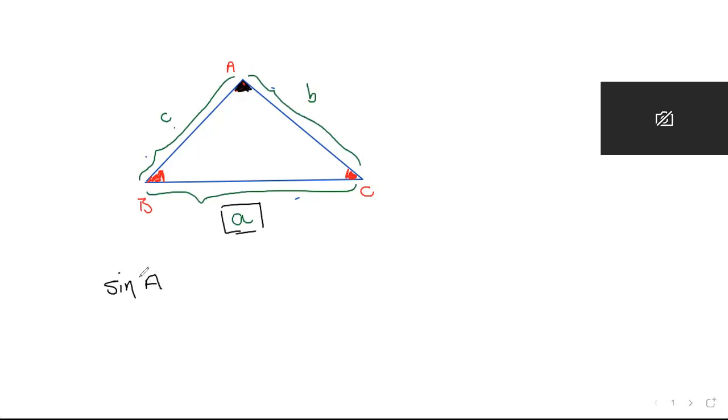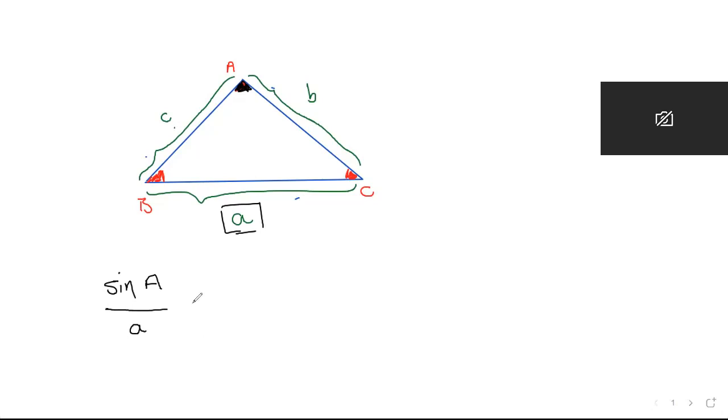If this is capital A representing the angle, the side is small a, and we build this ratio, sine A over a. I do the same thing for the other angles.